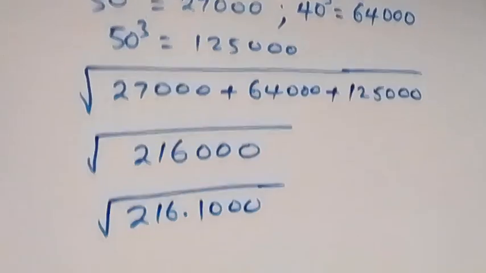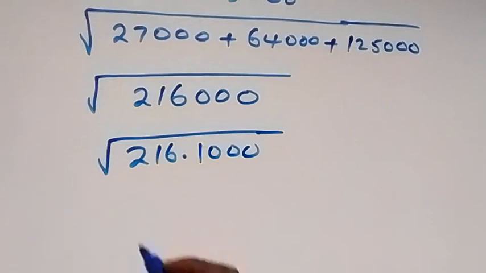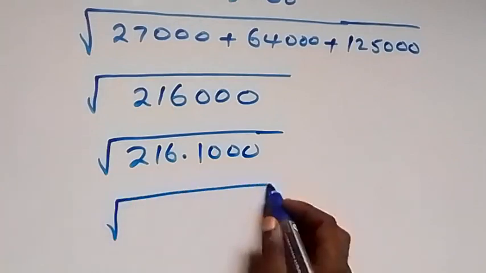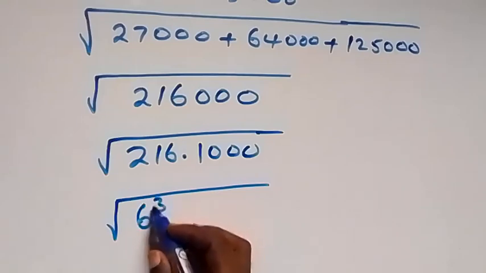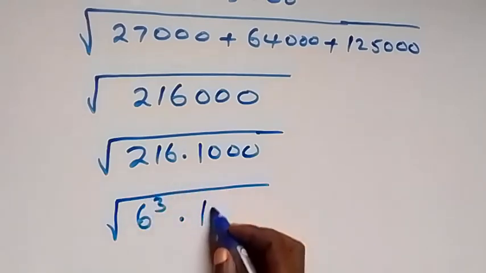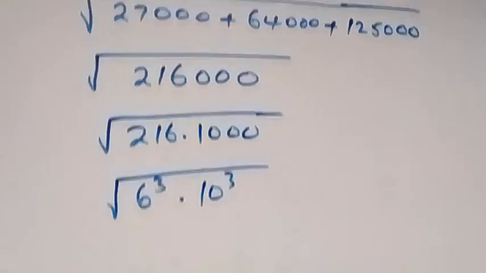Then here we can write this as square root of 6 raised to the power 3 as 216, then 10 raised to the power 3 as 1000.